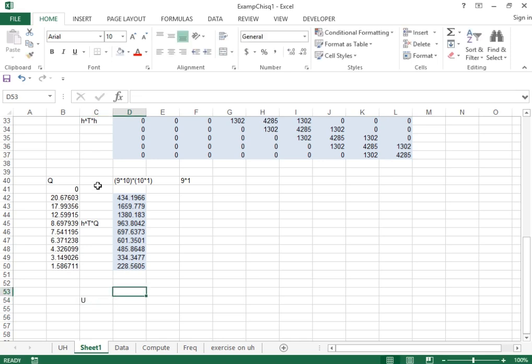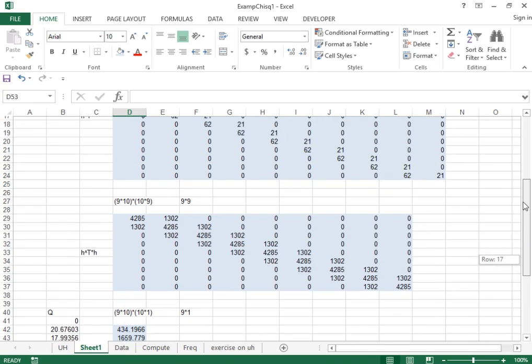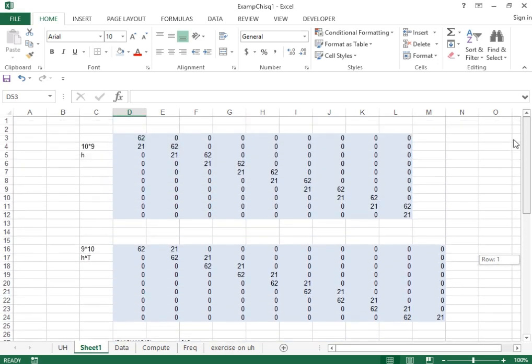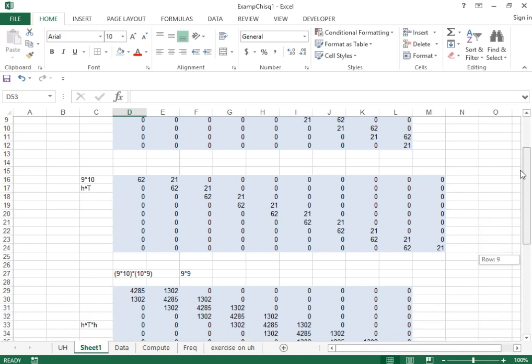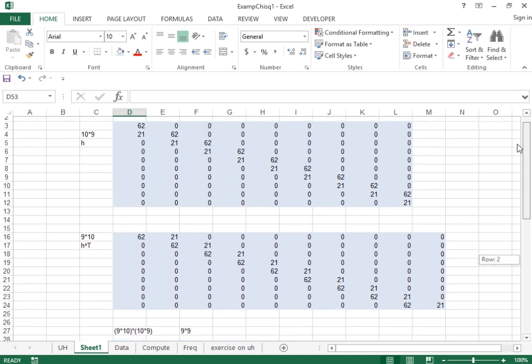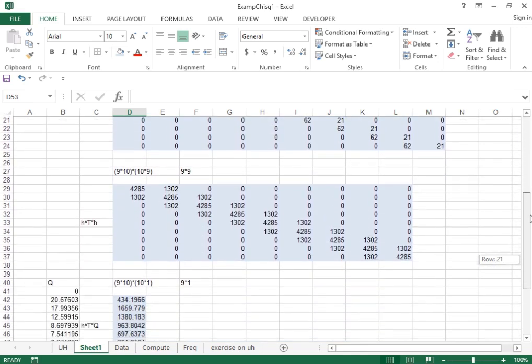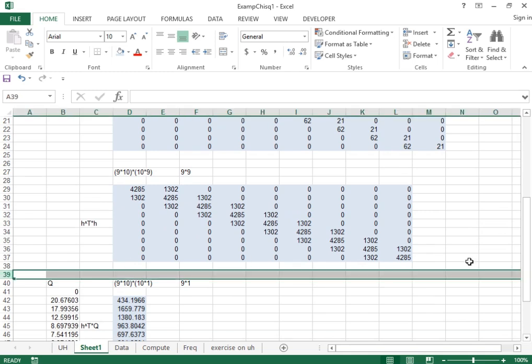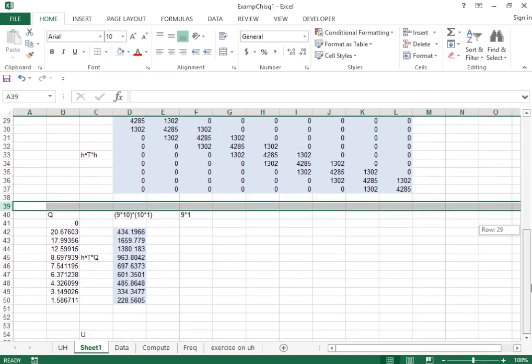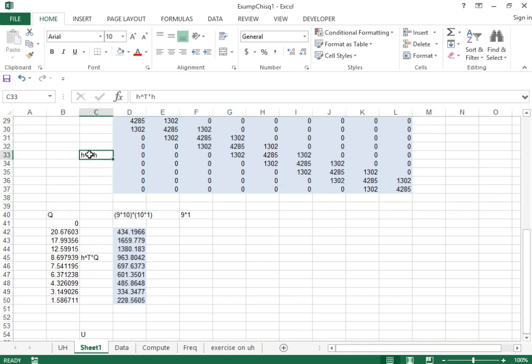So U is this. You don't have the inverse value yet. Actually, you have to work on the inverse of H transpose times H, the inverse of the matrix. Let me work here on the inverse of this one.